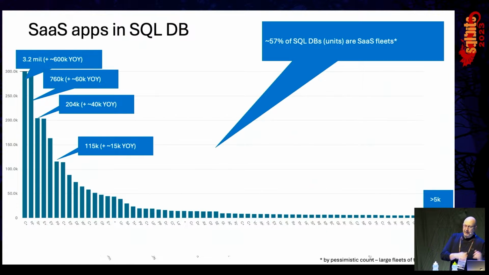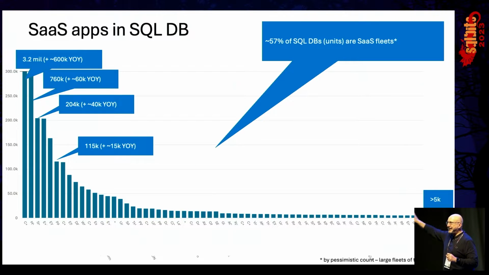So we actually calculated that more than 50% of the total number of Azure SQL databases today are effectively used in that pattern that I was showing previously, in the database per tenant pattern with elastic pools, right? You see some of the numbers.